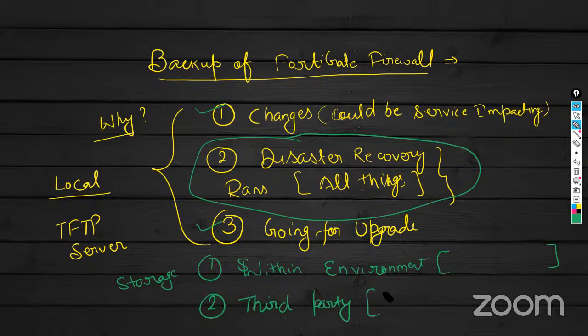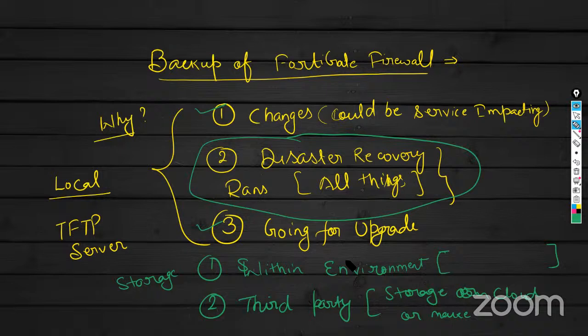Third party means you can take the storage services of any cloud or any organization. It just depends on how your contractual agreement goes. Storage on the cloud is also basically third party, or you make another contractual agreement to store your backups in their premises.